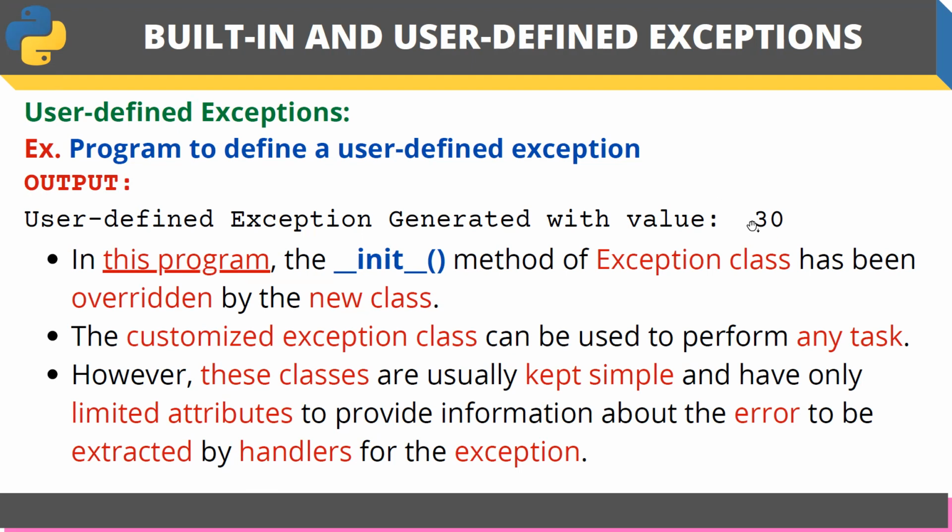In this program, the init method of the Exception class has been overridden by the new class, and the customized exception class can be used to perform any task. However, these classes are usually kept simple and have only limited attributes to provide information about the error to be extracted by handlers for the exception.